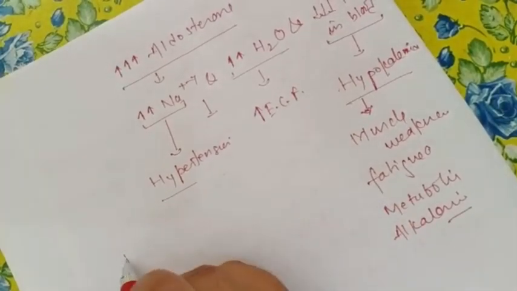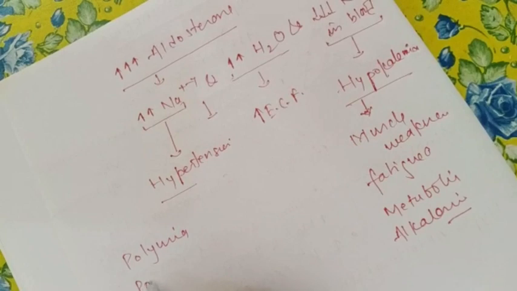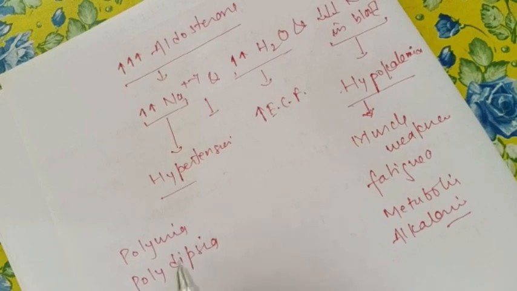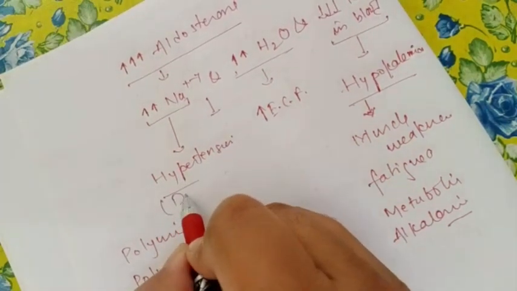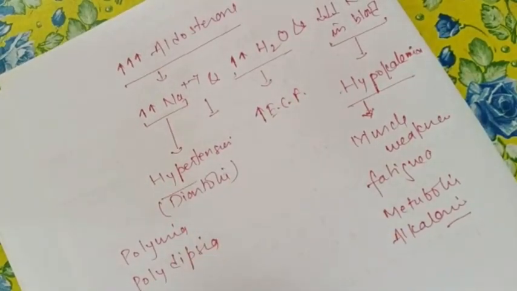There would be polyuria, polydipsia, and characteristically the hypertension would be mainly diastolic, not systolic. And edema would be absent.